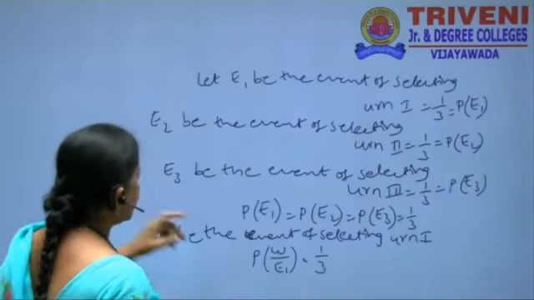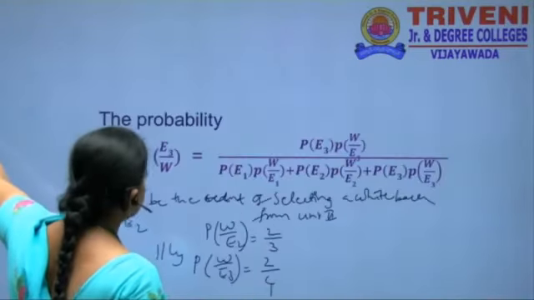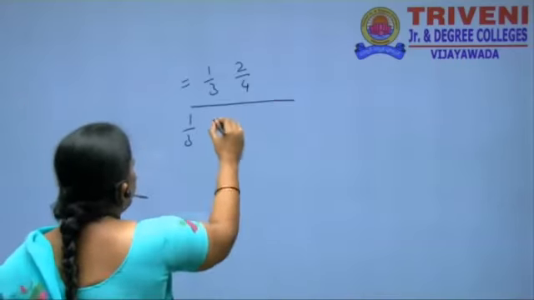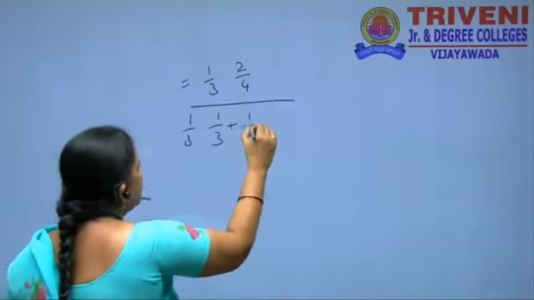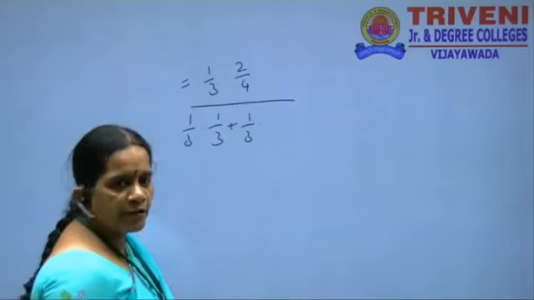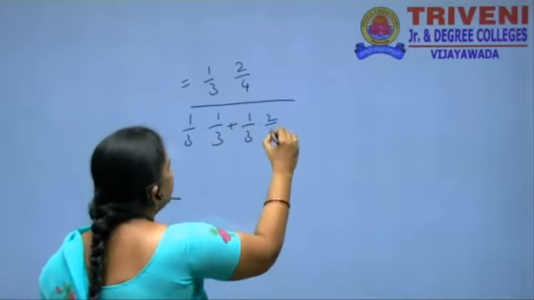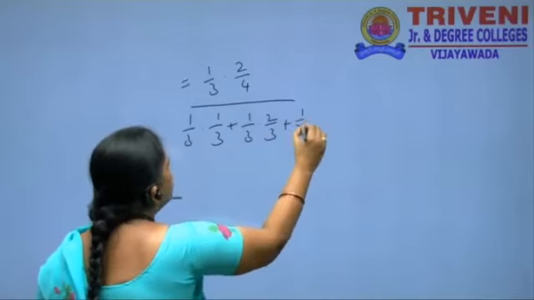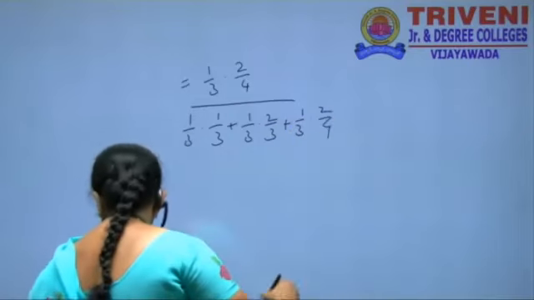P of W by E1 is 1 by 3. P of E2 is 1 by 3. And P of W by E2 is 2 by 3. And again 1 by 3 into 2 by 4.